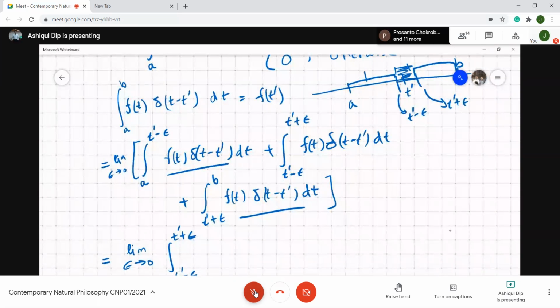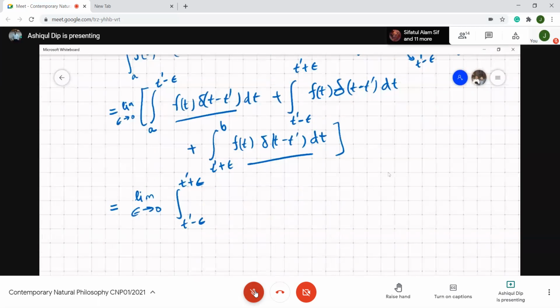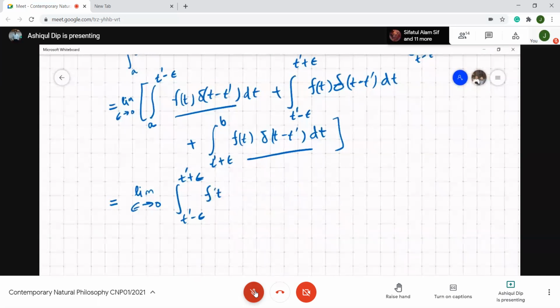But we are successively trying to squeeze the limit as well, as we have applied limit epsilon to 0, of f(t) delta(t − t′) dt, right?